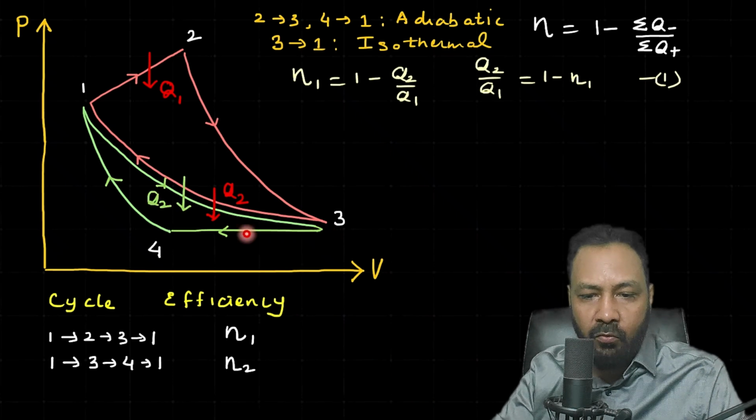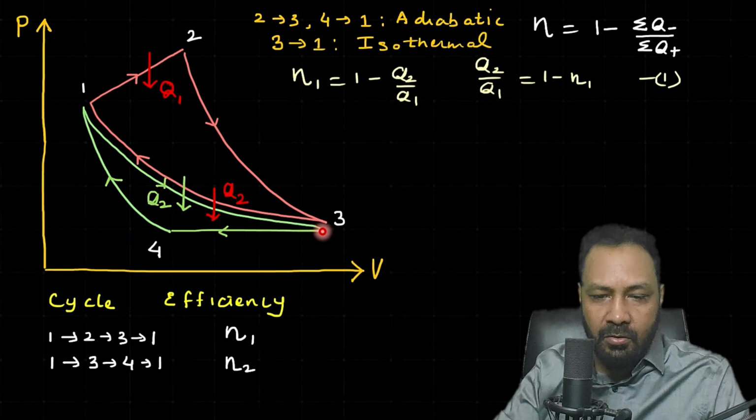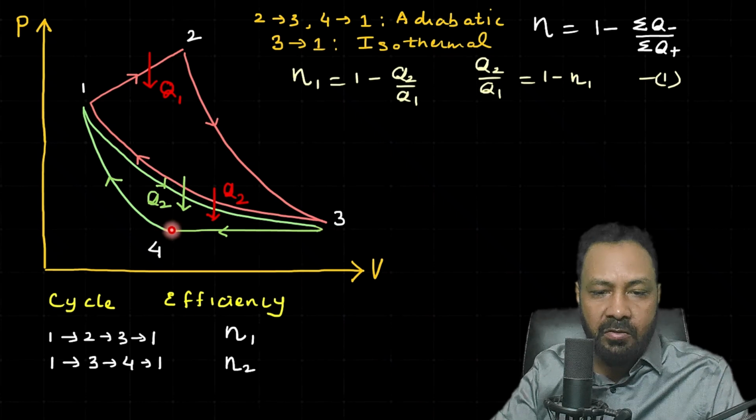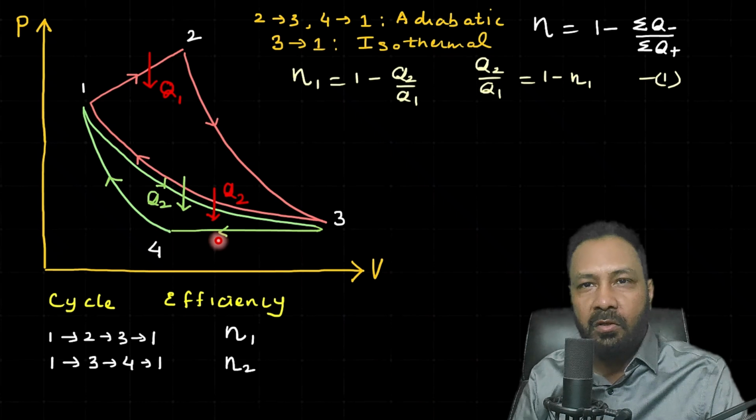From 3 to 4, again this is an isotherm, and the temperature at 4 is less than that at 3, because that is an adiabatic compression. So delta U is negative from 3 to 4, and volume also decreases, so work done is also negative.